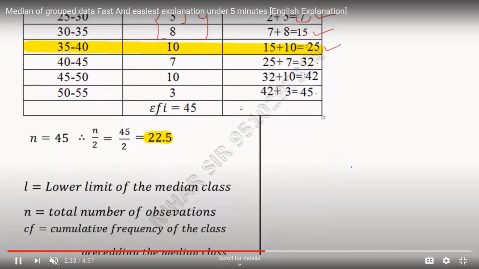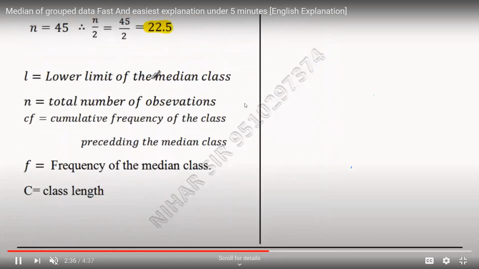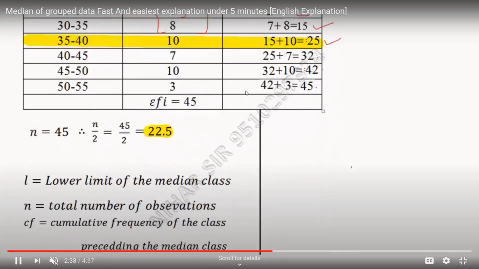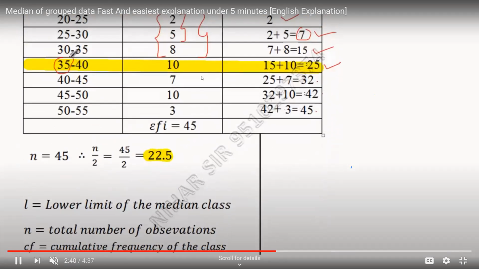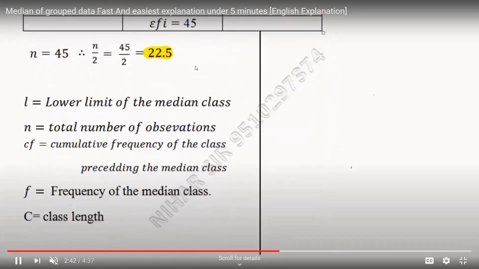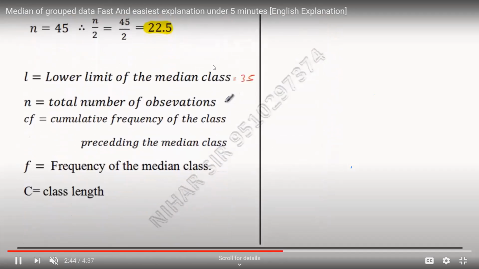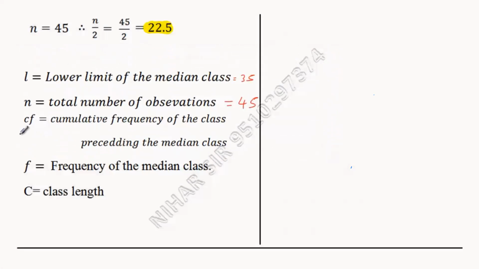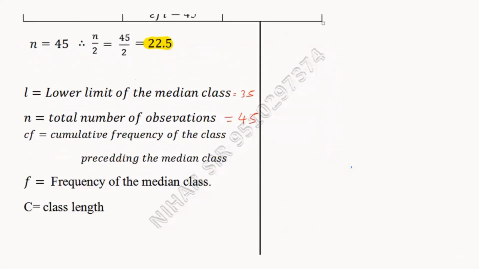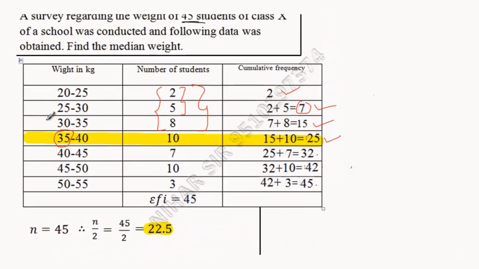Now for the median group, the lower class limit of the data is 35, and n is the total number of observations, which is 45. Then the cumulative frequency of the class preceding the median class, meaning before the median group, is 15.